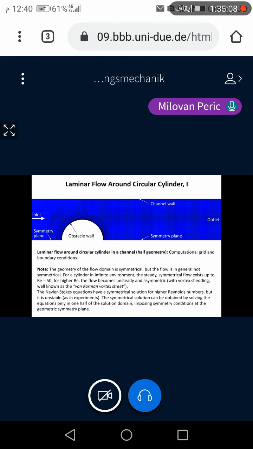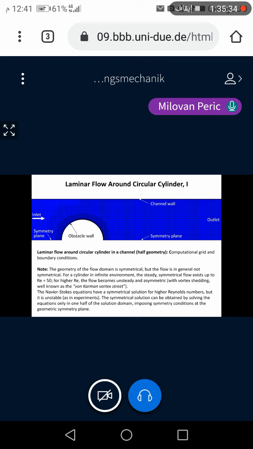So the separation will be steady up to Reynolds number 50. After that it becomes unsteady, and you get asymmetric flow. So you can still solve it with a symmetry condition. You will get a steady state for a longer period of time, but it is then not the flow that you will get in reality.